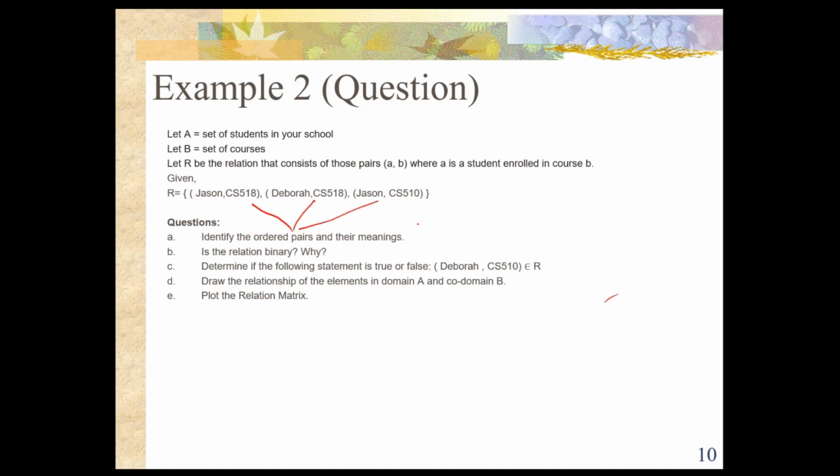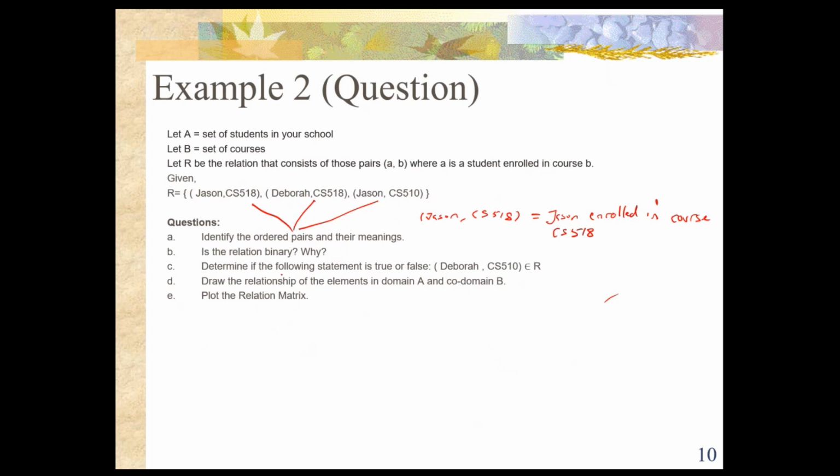For the first ordered pair, Jason, CS518, it means Jason enrolled in course CS518. Okay, so repeat the same for the others.